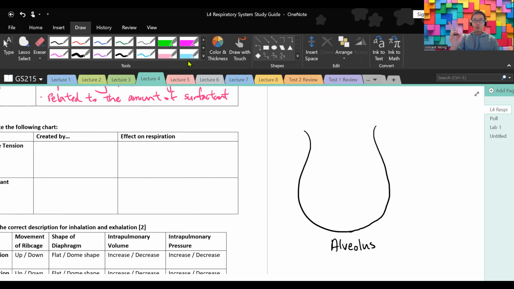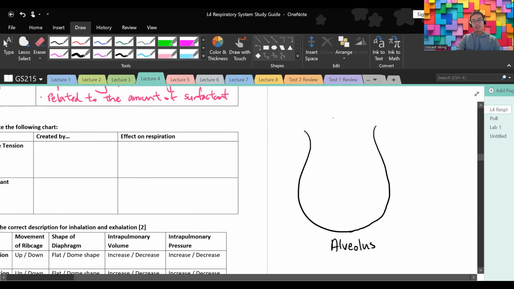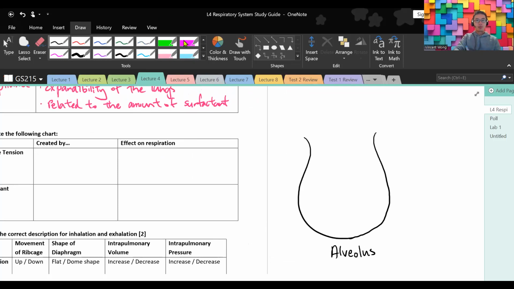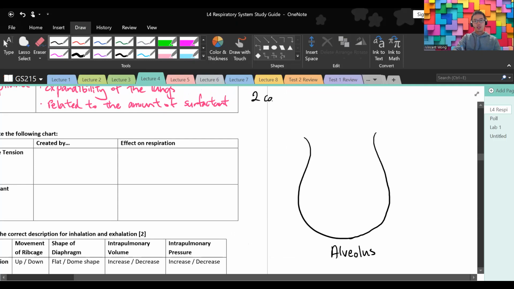Now, there are 2 conditions that are necessary for efficient gas exchange to occur. What are they?